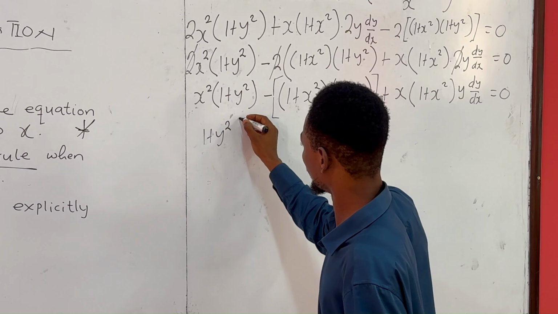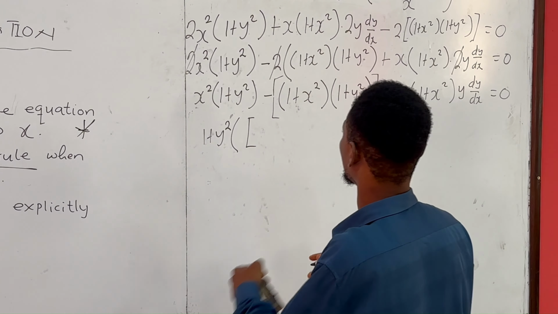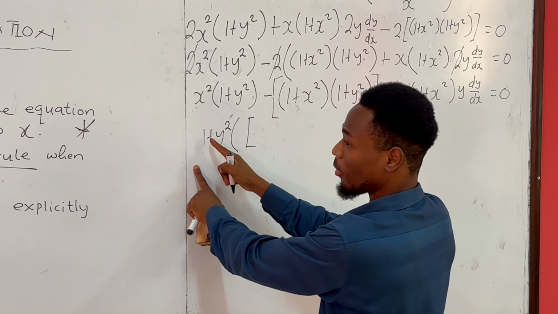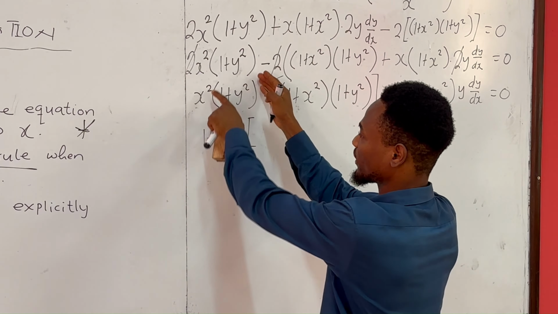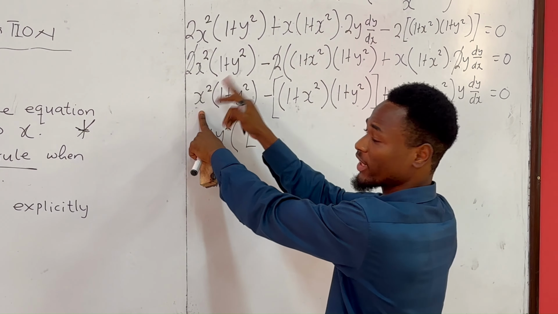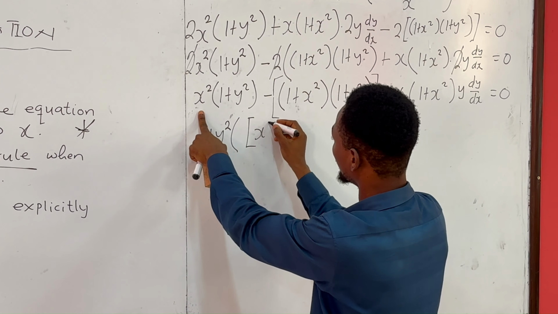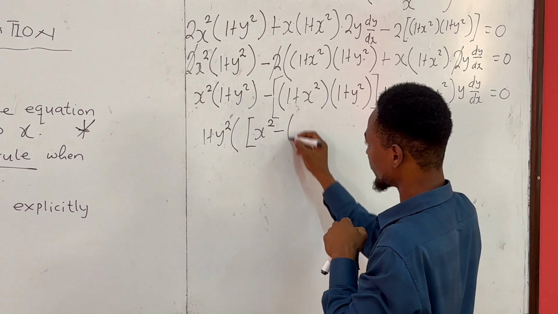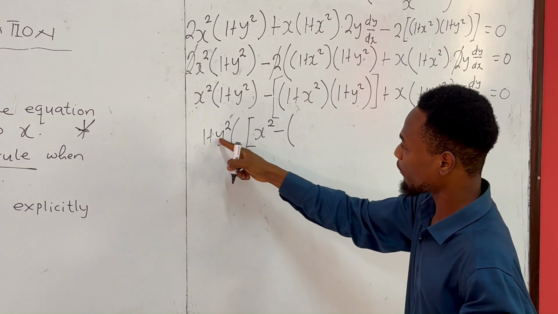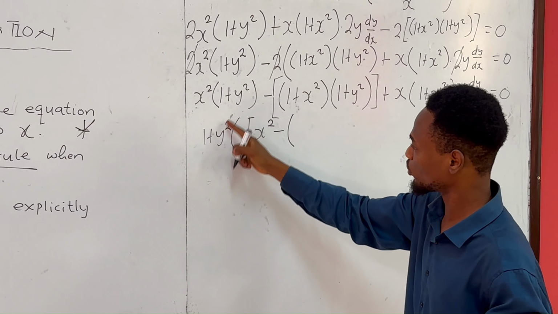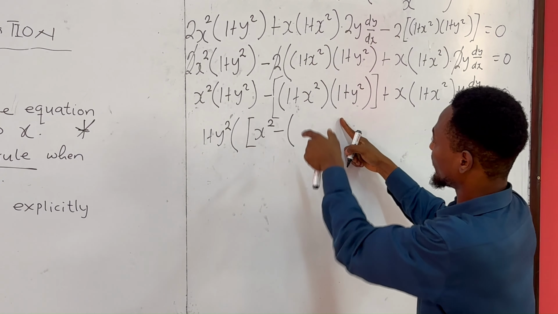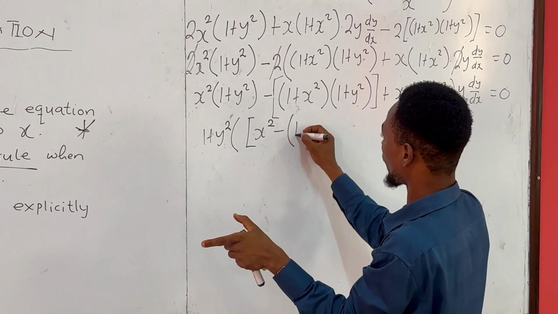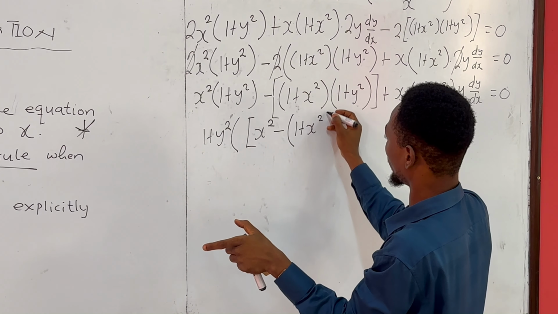So if the common factor 1 plus y squared cancels this, I have x squared over here. Then I have my minus, and the bracket 1 plus y squared is a common factor, cancelling this, leaving this. So I have minus 1 plus x squared.